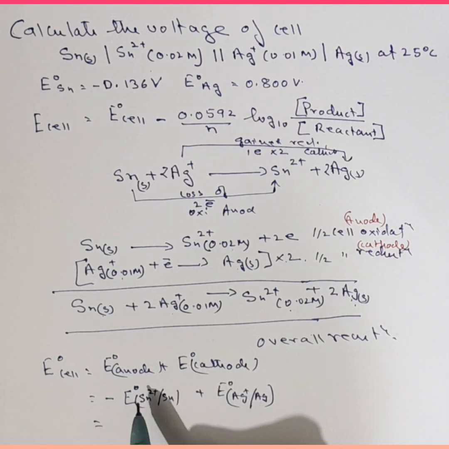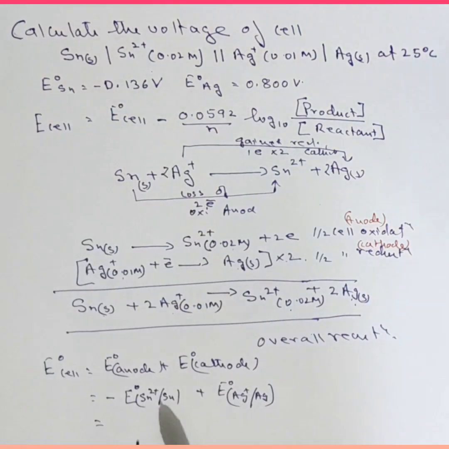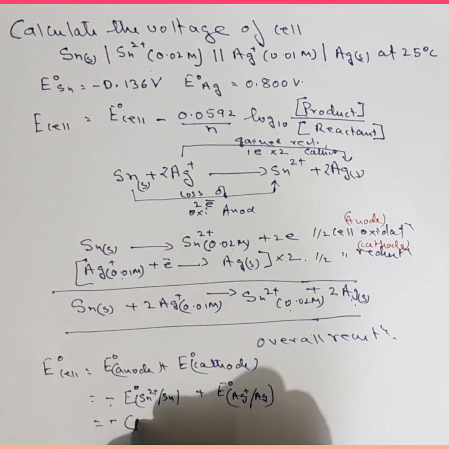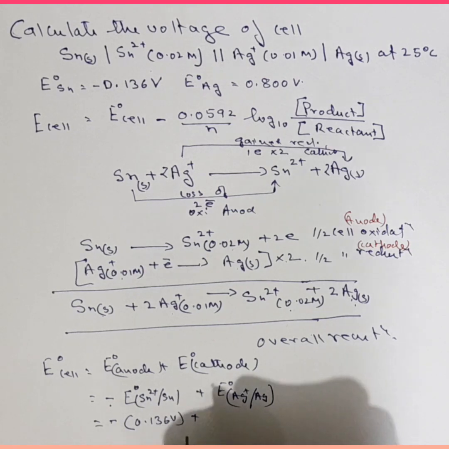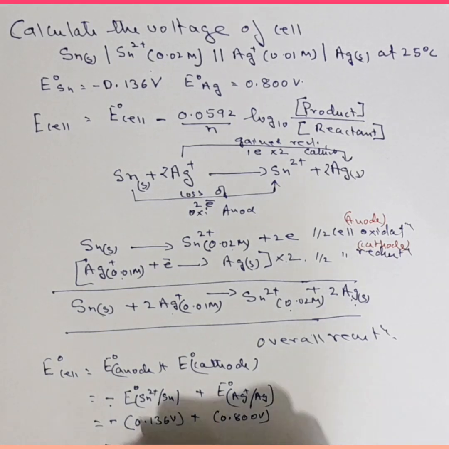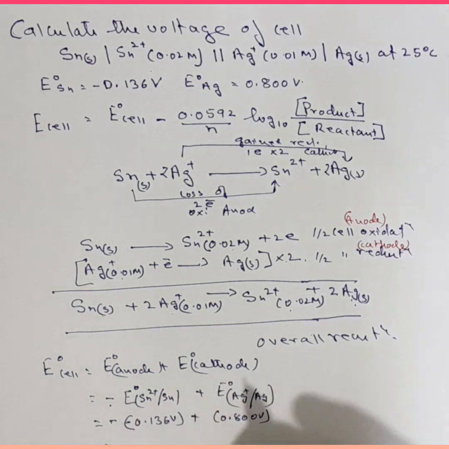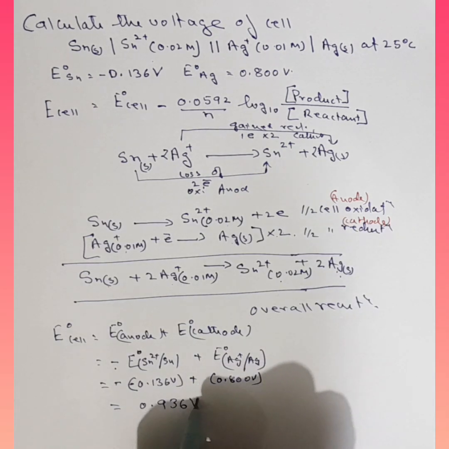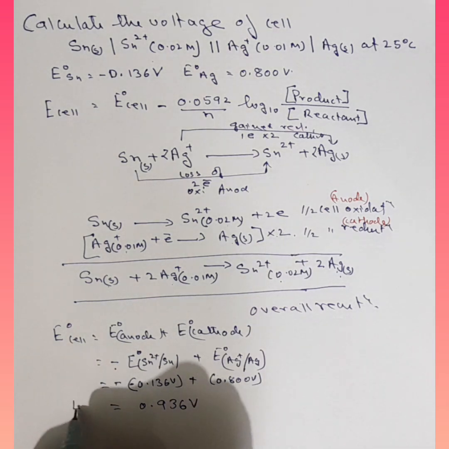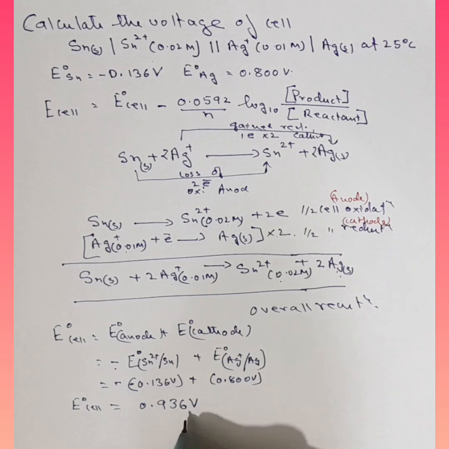Now, we already learned that in electrochemical series all the values given are reduction potentials. So in order to convert it into oxidation potential, we have got to multiply it with minus. So let's do it. This minus minus would turn plus. So this plus this comes to this many volts. So the value comes to these very many volts.